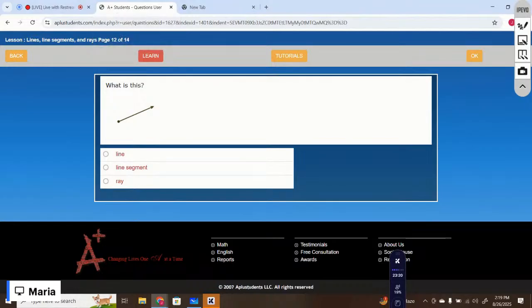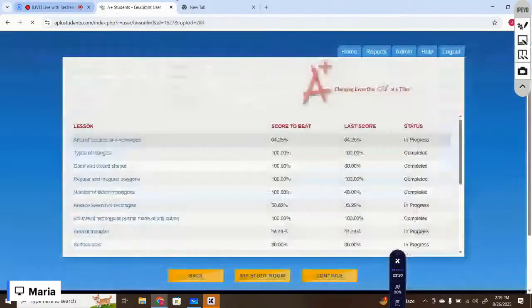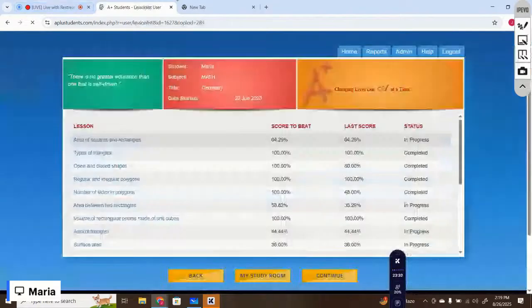What is this? This is the ray. Option number three is the correct option. Okay, you can complete the lesson by yourself later today. Let me just move on to the next lesson.